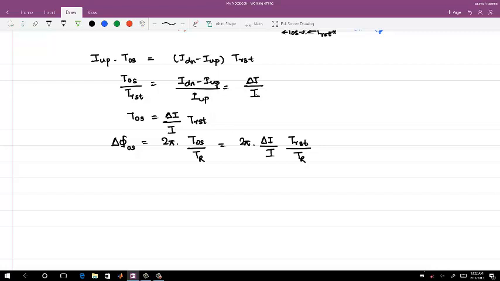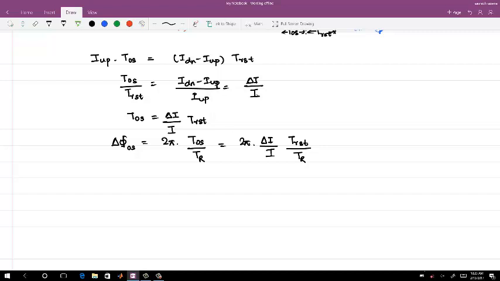So you see that the phase offset depends on your delta I and the reset period also. It's a function of that. If your delta I increases, then your phase offset increases.